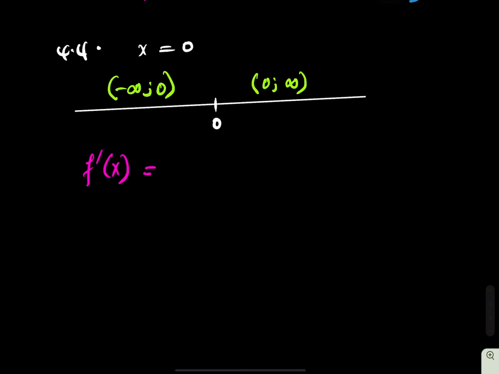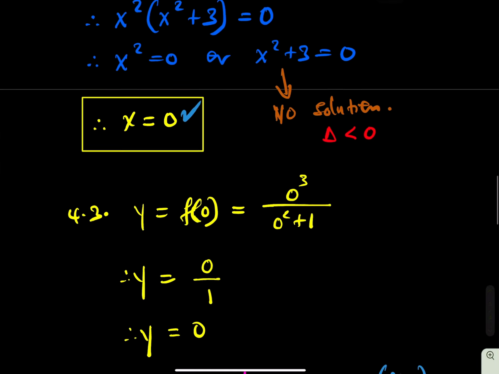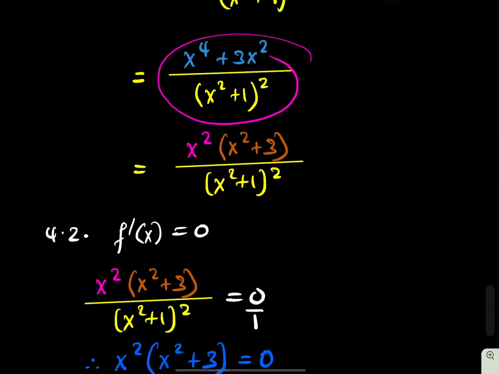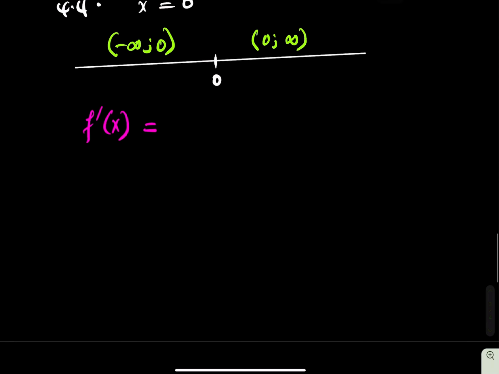Our f prime, we found it, by the way. That was something simplified, x squared. You can even use this one to make your life easy: x to the power 4 plus 3x squared. So we're going to get 3x to the power 4 plus 3x squared divided by x squared plus 1, and then all squared.